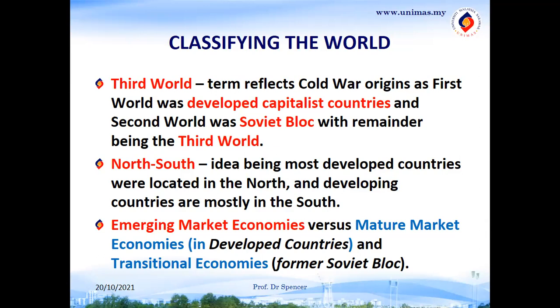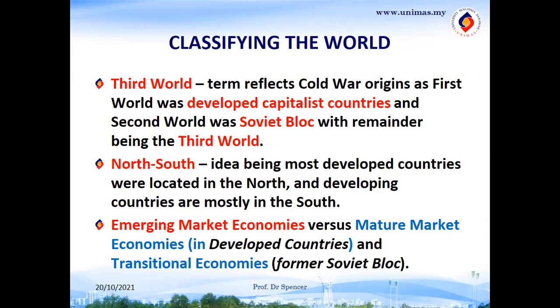Then also another term, or rather the classification of the world according to north or south. The north and south here is with the idea being most developed countries were located in the north, so it happens to be that way.